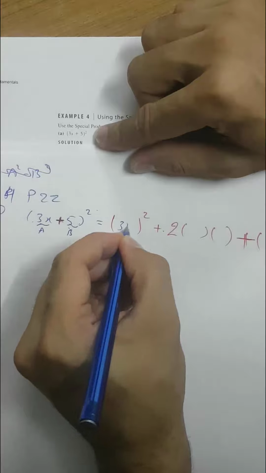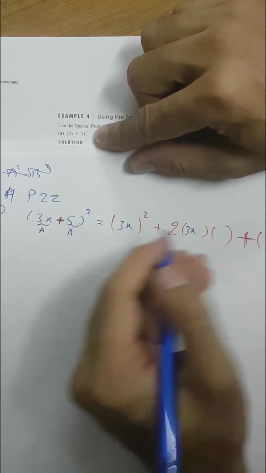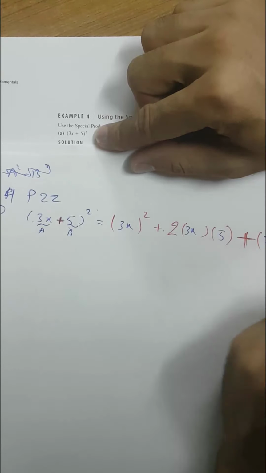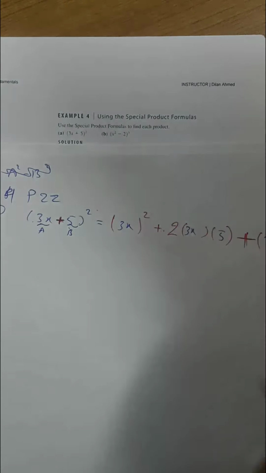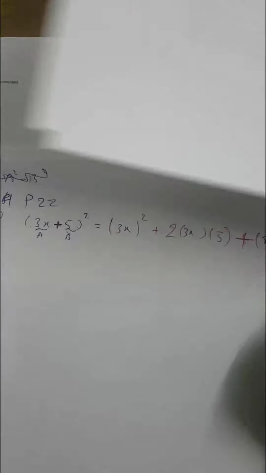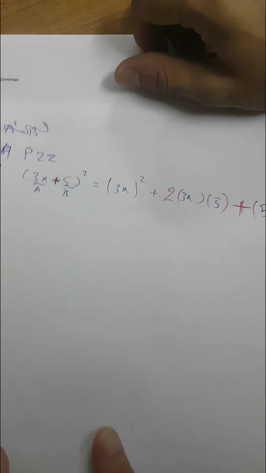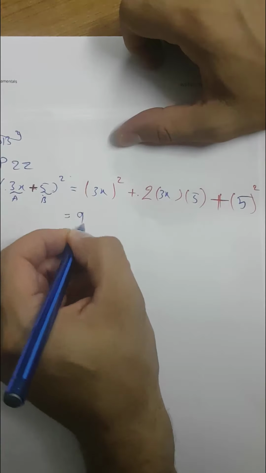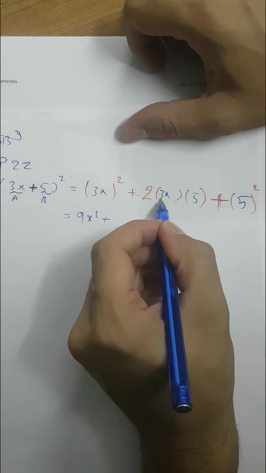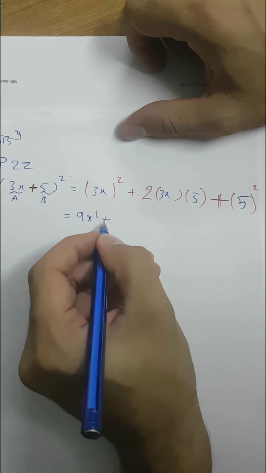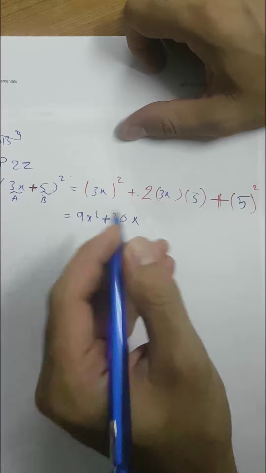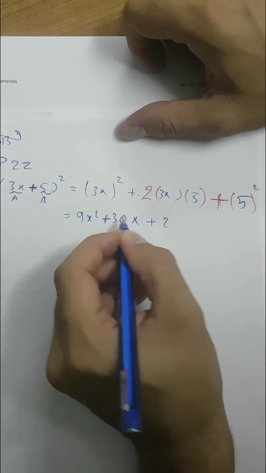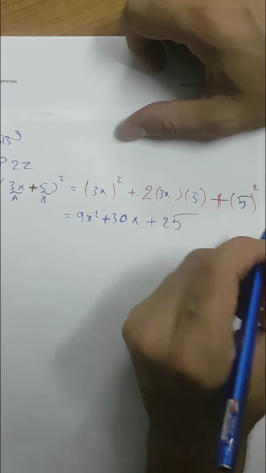So I say 3x, and I say 5. I think it's easy. This is rule number 2, the second formula. So in that case, I say 9x squared plus 2 by 3, 6x by 5 is equal to 30x, and 25. That's all we needed.